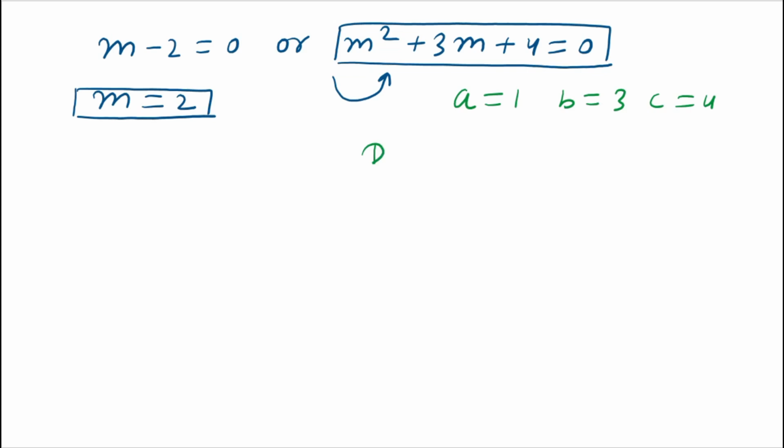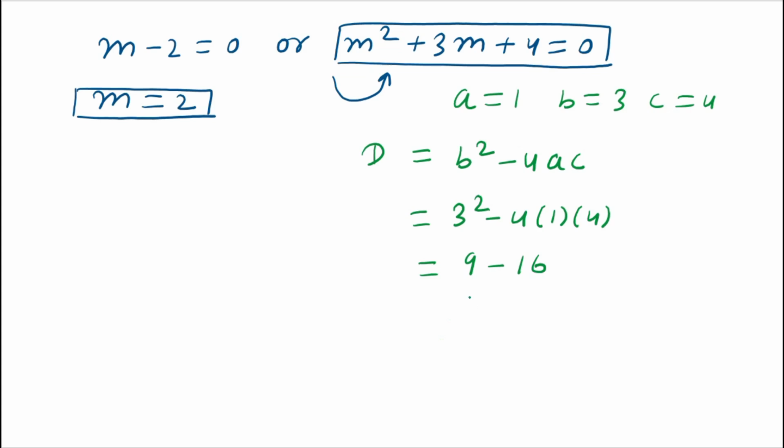Discriminant is b square minus 4ac, which is 3 square minus 4 times 1 times 4. So 3 square is 9 minus 16, which is negative. Here D is less than 0. It means no real solutions.